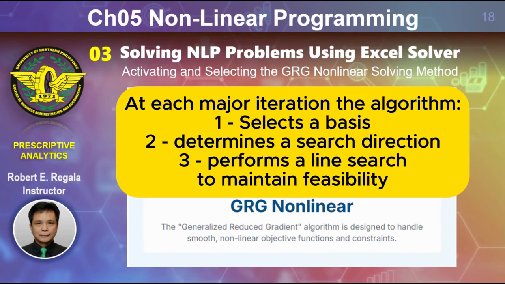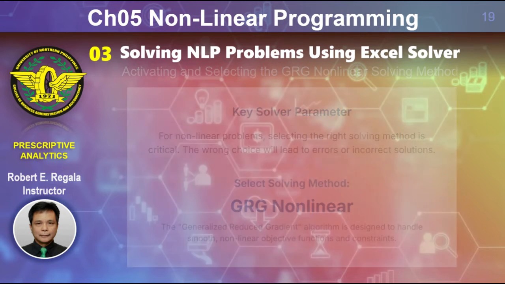At each major iteration, the algorithm selects a basis, determines a search direction based on gradients, and performs a line search. This process requires iteratively solving systems of nonlinear equations to maintain feasibility, that is, ensuring the trial solutions stay within the bounds defined by the constraints.